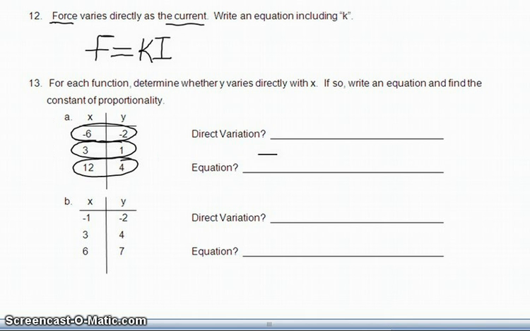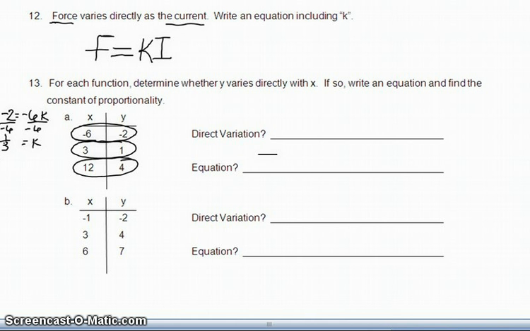So I have y equals kx, so I'm going to have -2 equals -6k, dividing both sides by -6. So k equals 1/3.